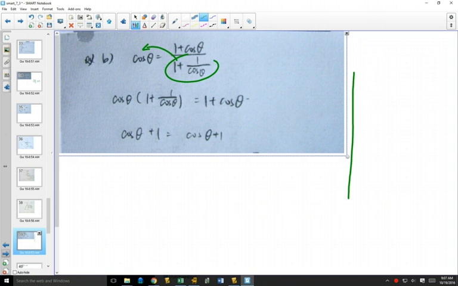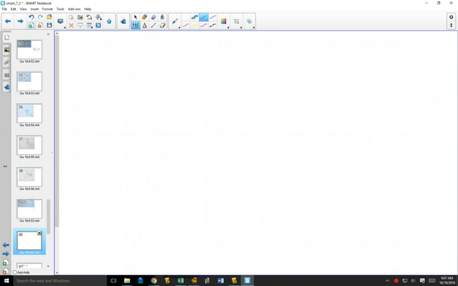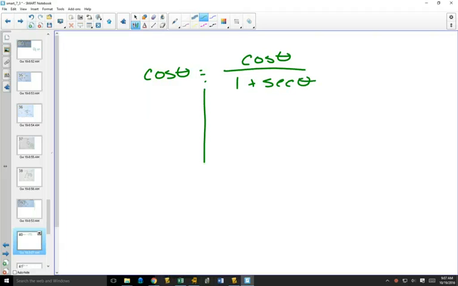I'm going to show you someone in the other class came up with this proof. So this is another way of doing it. And this is one of the reasons that I like to give you the chance to do the proofs and put them up here, because we get so many different ways of doing it.